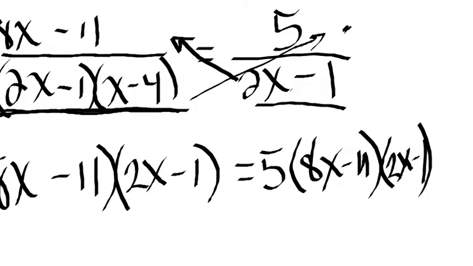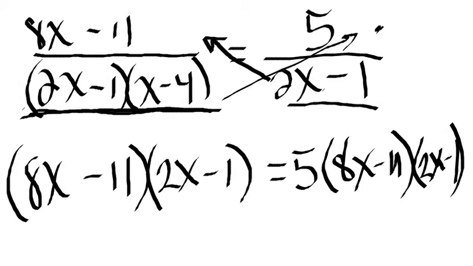Maybe I can move the screen over just slightly. Whew, working on 8 minutes now. So there you go. Now, these 2x minus 1s will cancel out. You could divide both sides by 2x minus 1 and they're gone. So we can go ahead and get rid of them. And, whoa, something else is going on here.